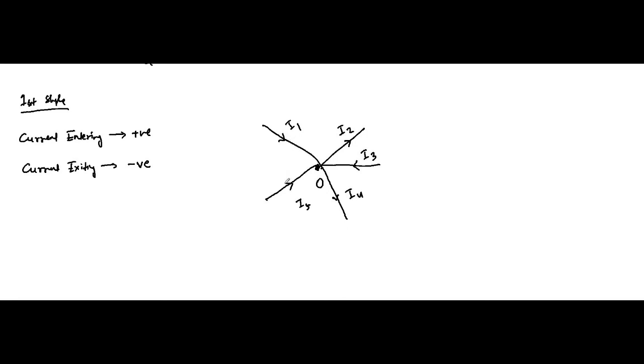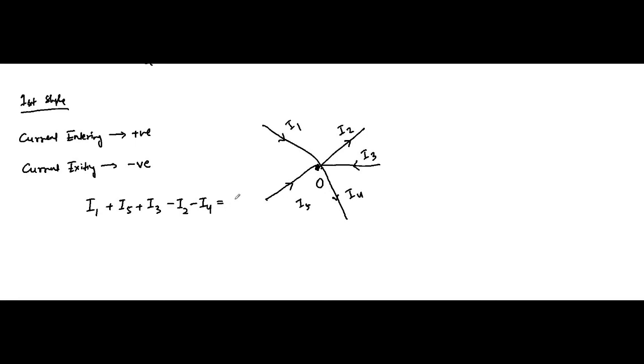So I1 plus I5 plus I3, and the currents that are exiting, I2 and I4, minus I2 minus I4, is equal to 0.